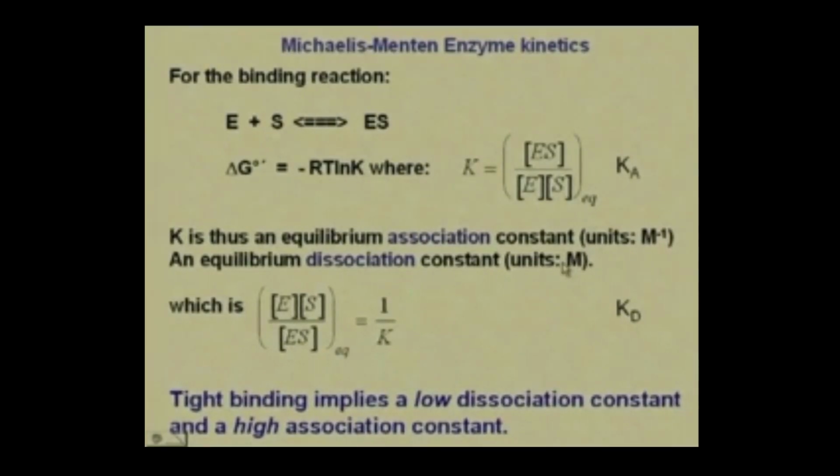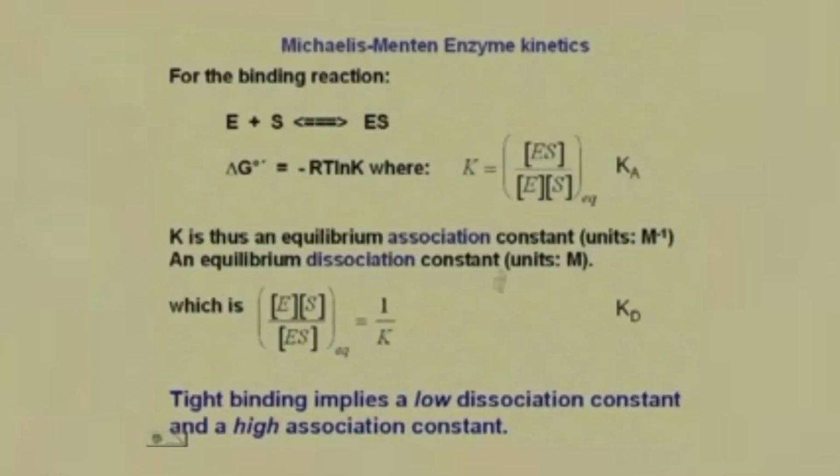Now, if I have tight binding, a tight binding will mean that I do not have dissociation. If I have a tight binding, the dissociation is not easy, right? So what does it amount to in terms of these constants?